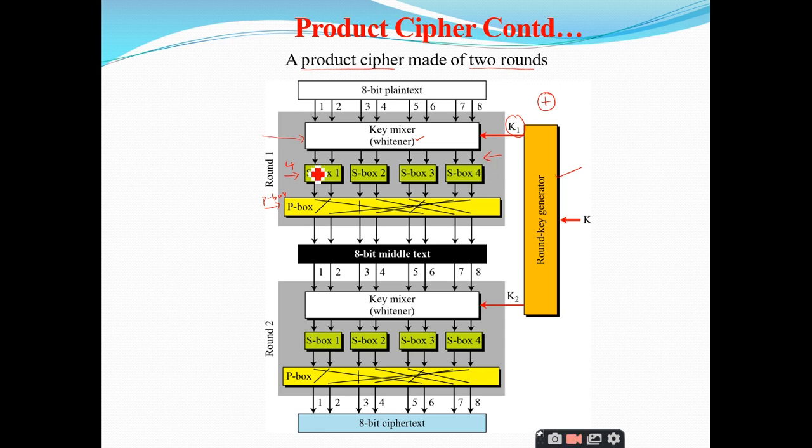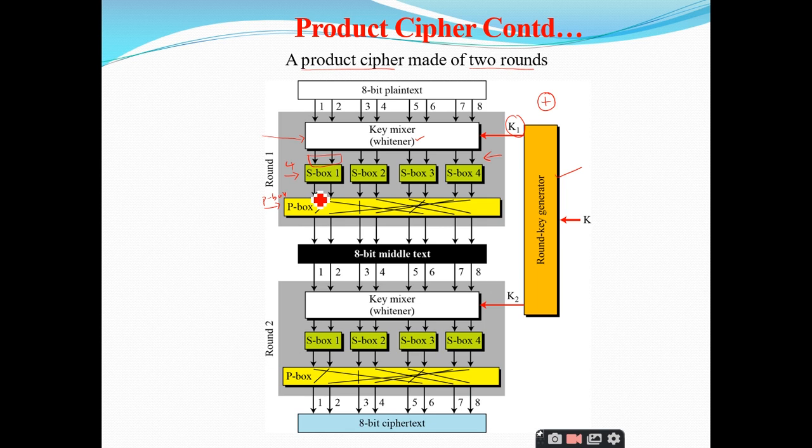At this point what I am doing is dividing the 8 bits into equal slots. 2 bits I combine and put into an S box. The first 2 bits I give as input to S box 1, the second 2 bits I give as input to S box 2, the third is given as input to S box 3, and the fourth to S box 4, right.